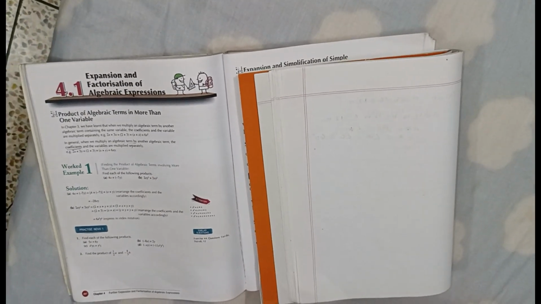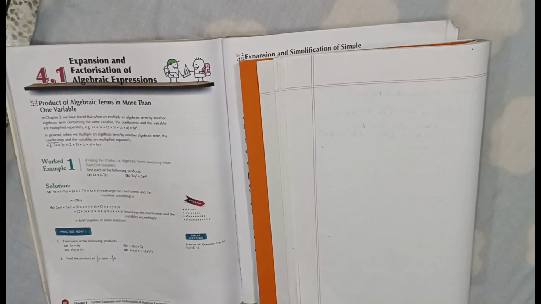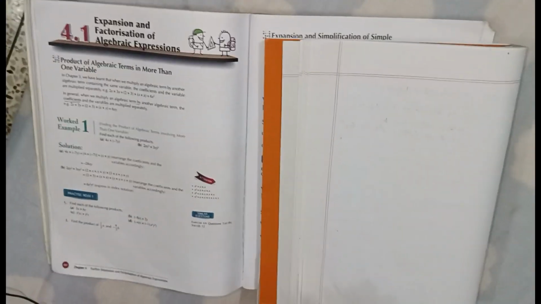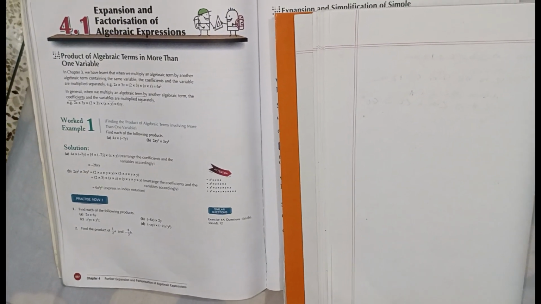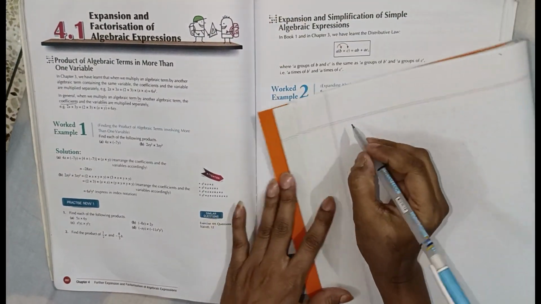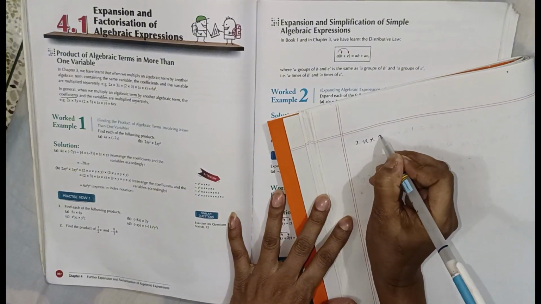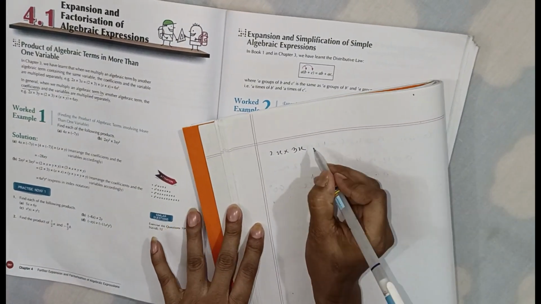Okay? Chapter 4.1. In chapter 3 we have learned that when we multiply an algebraic term by another algebraic term containing the same variable, the coefficients and the variables are multiplied separately. For example, 2x into 3x.